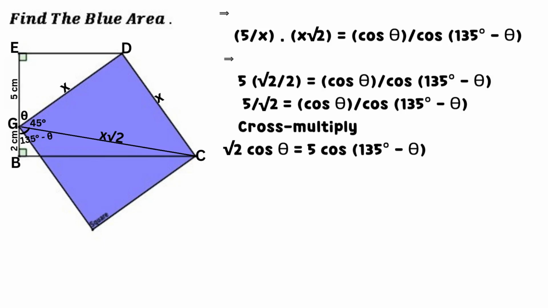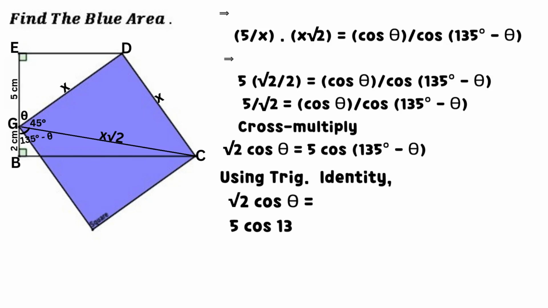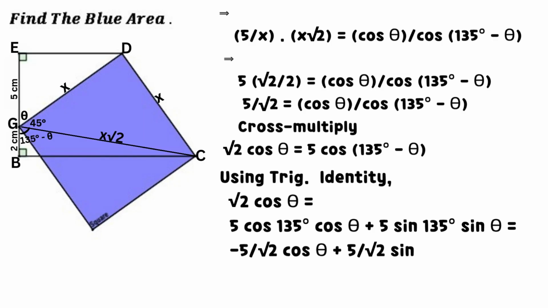Cross multiply. Root 2 times cos theta equals 5 times cos of 135 degrees minus theta. Using trigonometric identity, root 2 cosine theta equals the sum of the product of 5 times cosine 135 degrees multiplied by cosine theta and 5 times sine 135 degrees multiplied by sine theta, which equals the sum of 5 negative over root 2 times cosine theta and 5 over root 2 times sine theta.